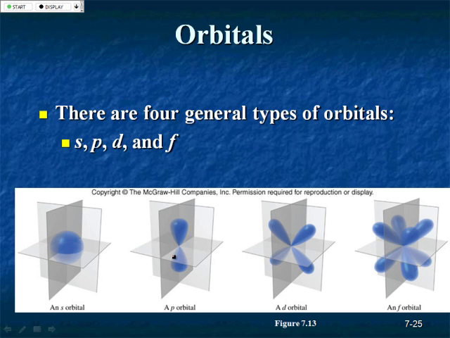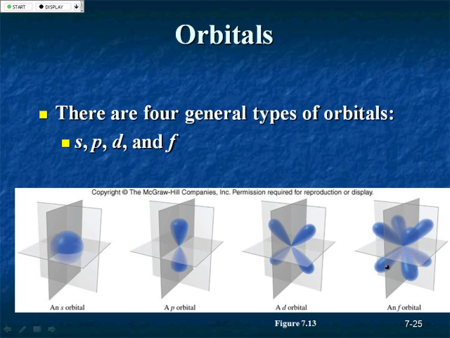Make sense? We are connecting those two things we just discussed, right? So as the n number increases, remember to add each type also. S, n is equal to 2, S and P, 3, S, P and D, like that. Now you guys tell me, if I have n is equal to 4 here, what do I see?